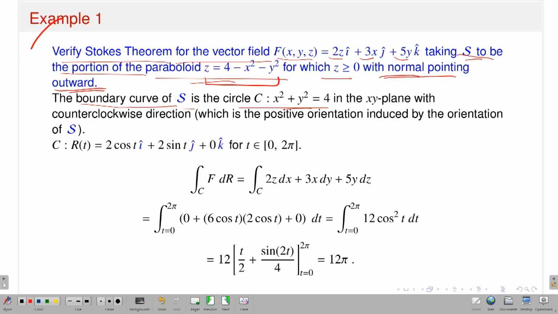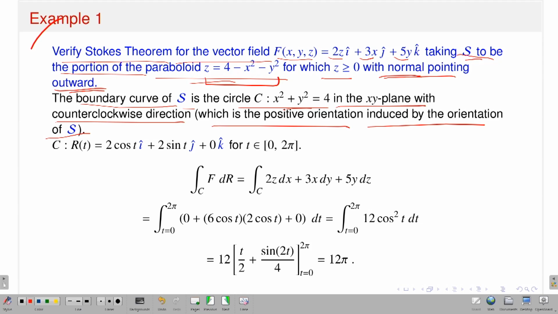I am starting with the normal pointing outward, a positively oriented surface, and the corresponding orientation on the boundary is also positive. So in the xy plane I should move in the counterclockwise direction, so that my surface is always on the left hand side, which is the positive orientation induced by the given orientation of my surface S. So that is the first step.